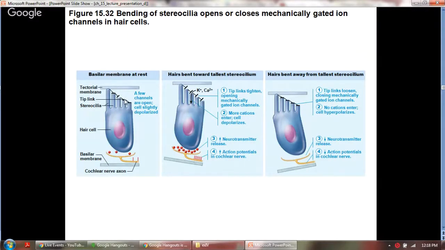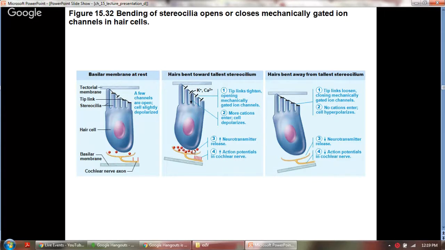Here you would see the tip links connected, and here the basilar membrane at rest. A few channels are open and the cells are slightly depolarized. The hair cells in this figure are bending towards the tallest stereocilia. Then the tip links get tightened, opening mechanically gated ion channels, and more cations enter the cells and they depolarize.